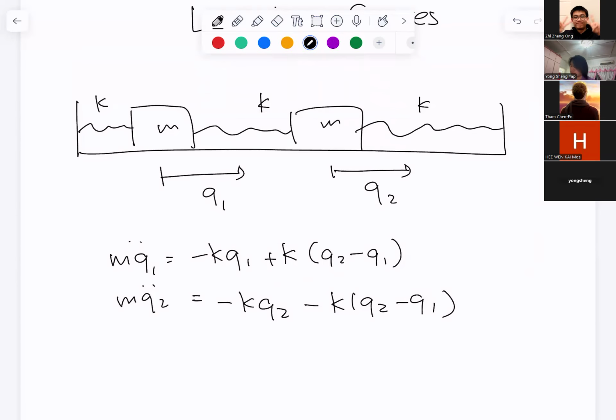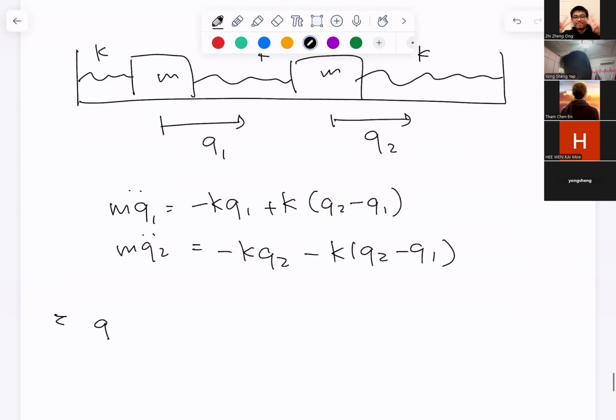These are coupled equations of motion not because you have a bad coordinate axis, but because you chose non-physically motivated degrees of freedom for the displacements. As you can see, these equations are almost exactly the same as the ones we have above, so you can add and subtract them. You can define theta plus as q1 plus q2, and theta minus as q1 minus q2.